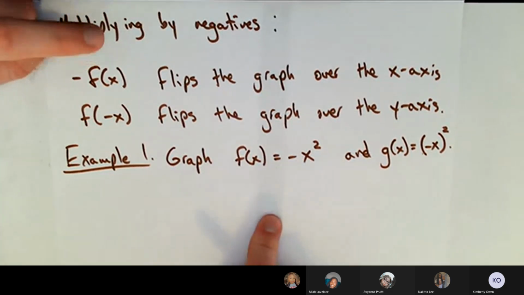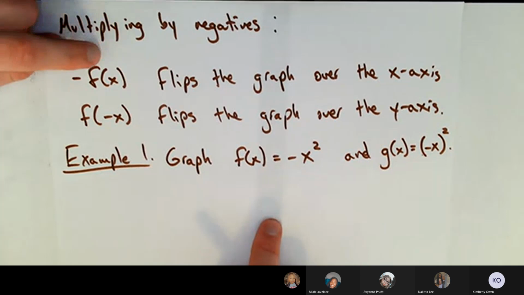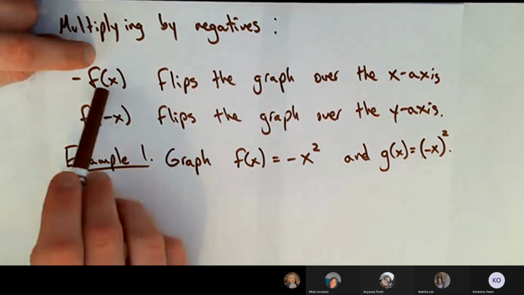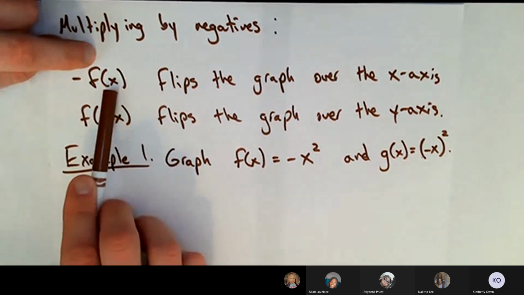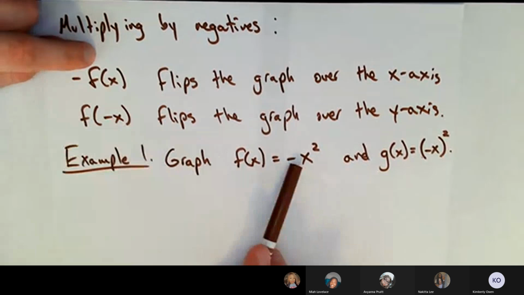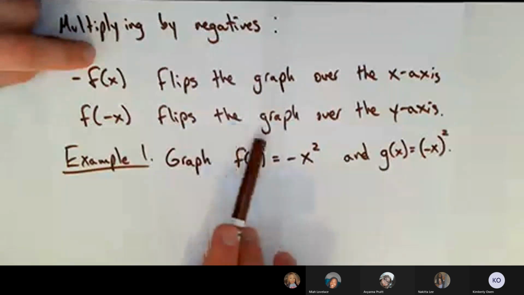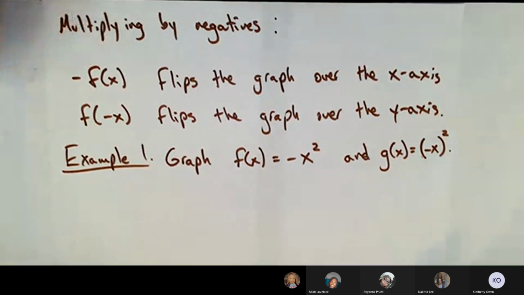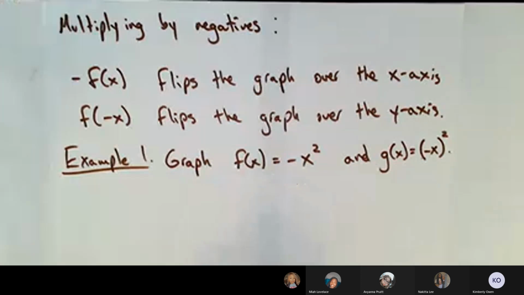If you're trying to line it up with this rule here, my f of x is just the x squared thing, and I'm stacking a negative outside of it. I'm just using the same name here because we use f of x to represent all sorts of functions, right? It's the go-to notation for a function.